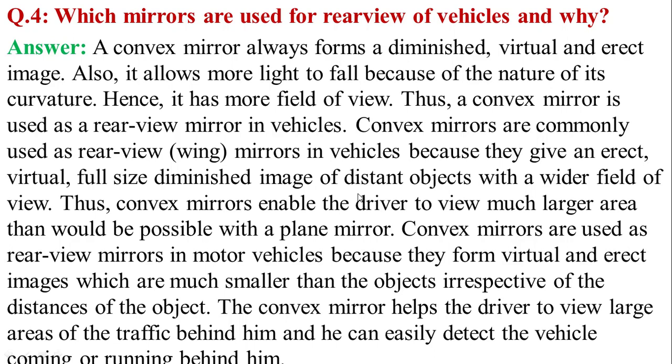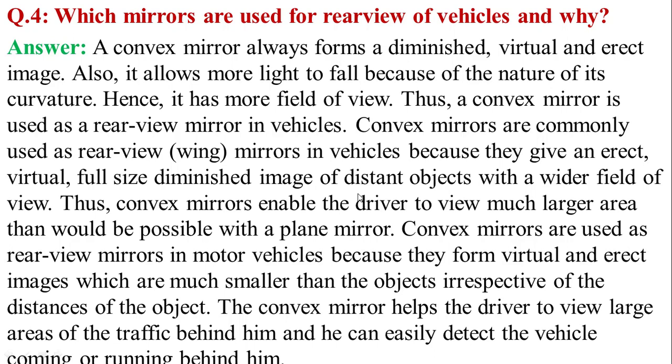Also, it allows more light to fall because of the nature of its curvature. Hence, it has a larger field of view. Thus, the convex mirror is used as a rear-view mirror in a vehicle.